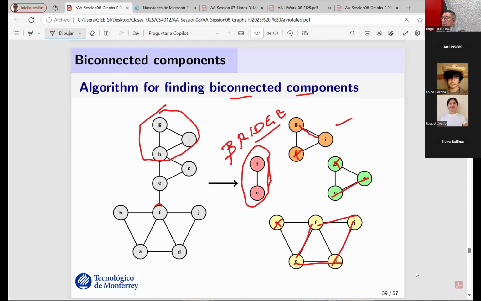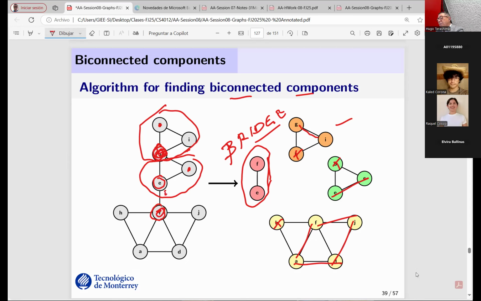And this one is an articulation point, this one is an articulation point, this one is an articulation point, because if you want to go from this bi-connected component to this element in the other bi-connected component, you have to go through this one, right? So that's the idea. It's the same here, right?